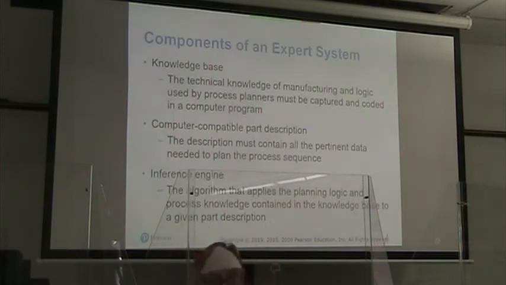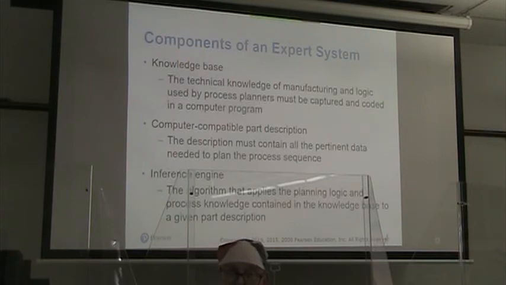The components that go into an expert system, first of all, there's the knowledge base. We must have the technical knowledge of manufacturing and logic that is used by process planners. That has to be captured and coded in a computer program. Then we have to have a computer-compatible part description.